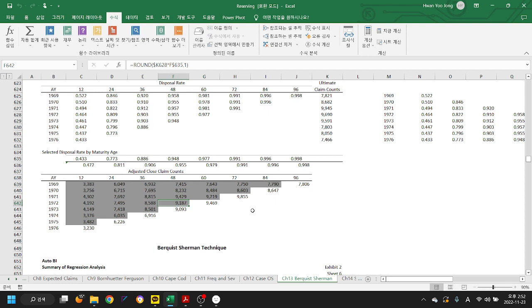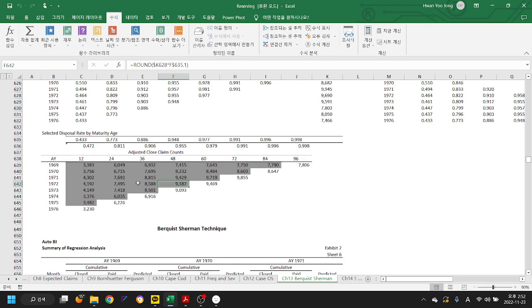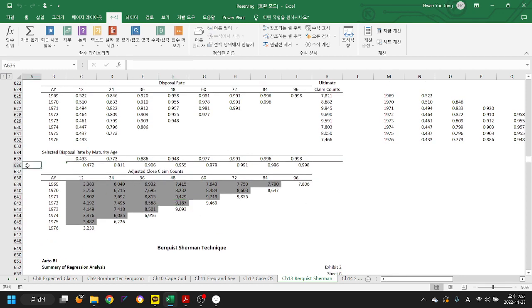You could do it after you select whatever average, volume weighted, or simple average, and use it to create the adjusted closed claim count. You should be very creative. But anyway, here the author uses just the historical disposal rate. So I got the different adjusted closed claim count.